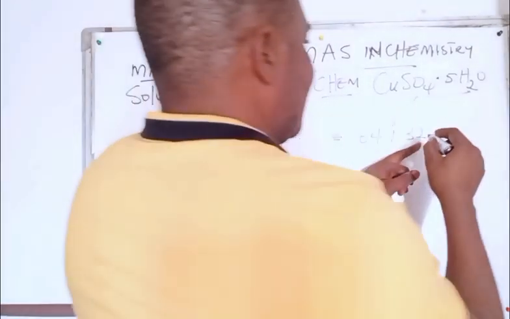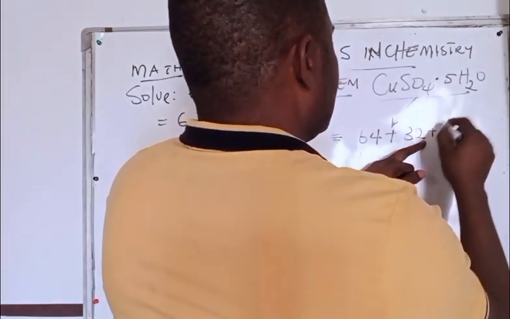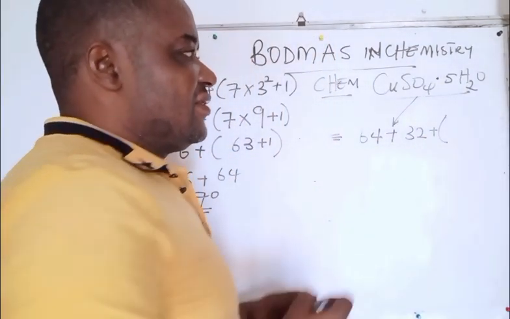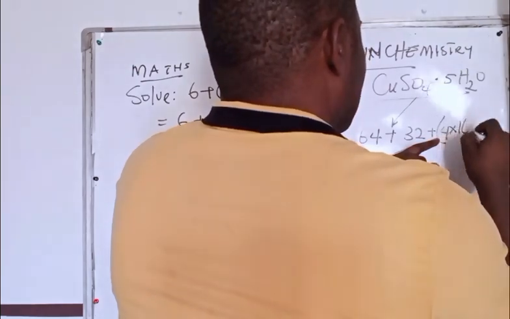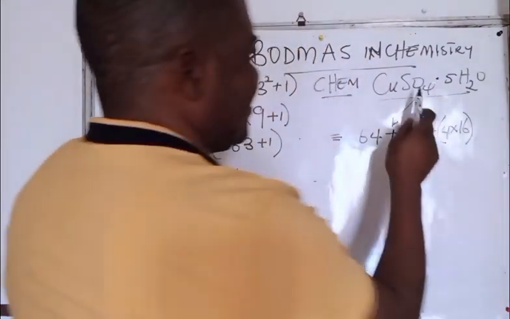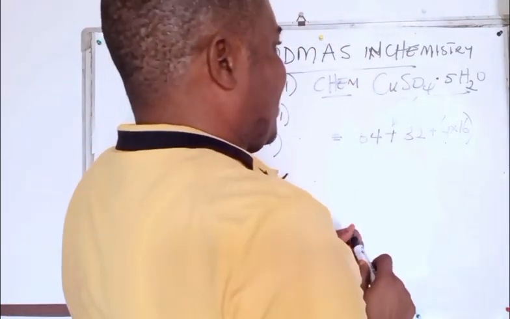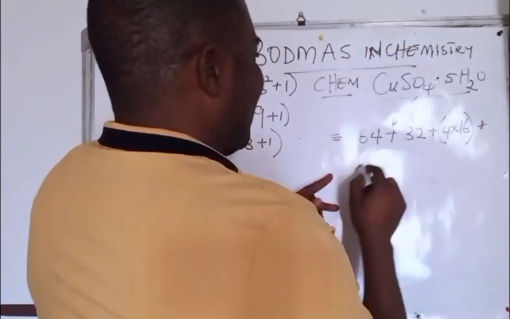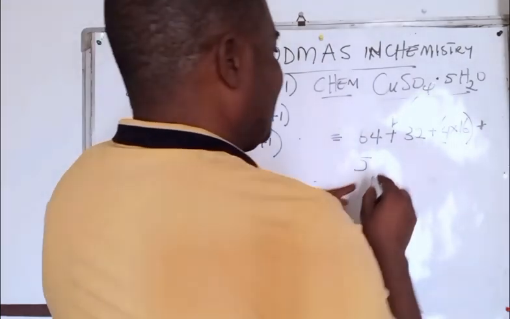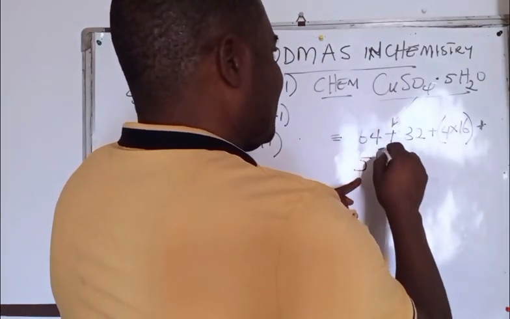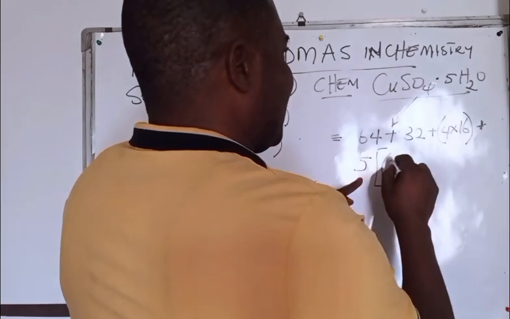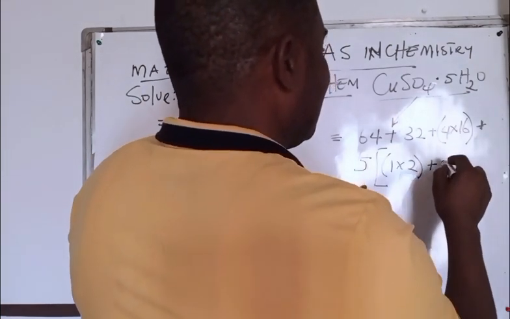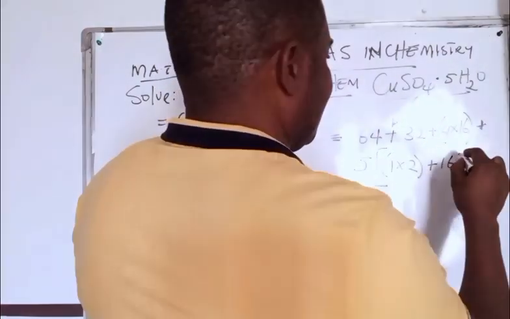And then we have oxygen. Oxygen is 16, so we have 4 times 16. Did you see that? 4 times 16. And then we have plus 5, and a larger bracket for water. Water is hydrogen, 1 times 2, plus oxygen, which is 16.